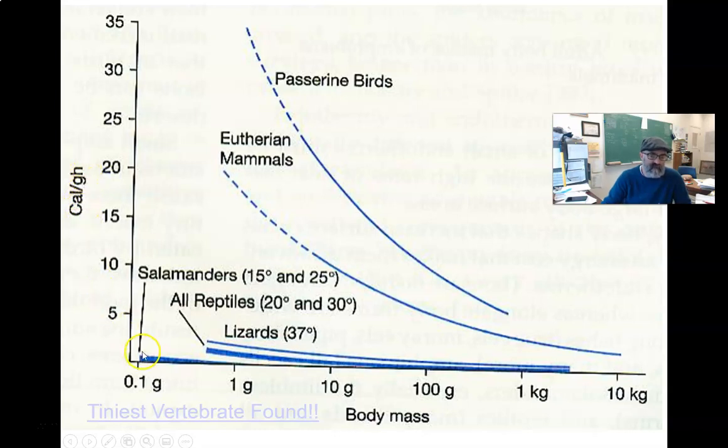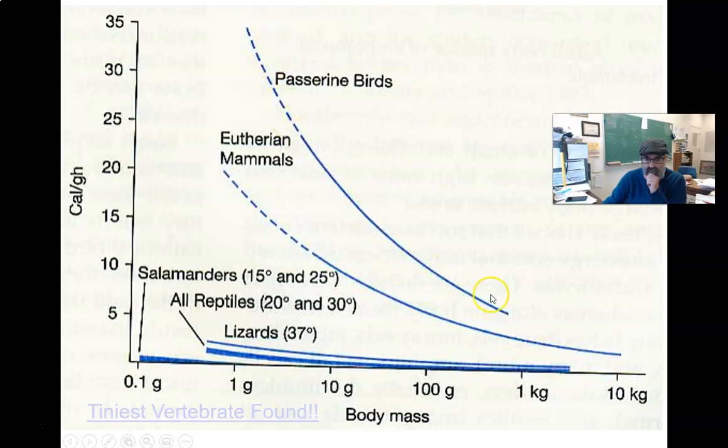Okay. So it's a standard measure of your metabolism over body size. And what we see is a very large animal. Well, we see a few things. There's a couple of stories in this figure. One is generally this trend, that as body mass goes up, metabolism goes down.